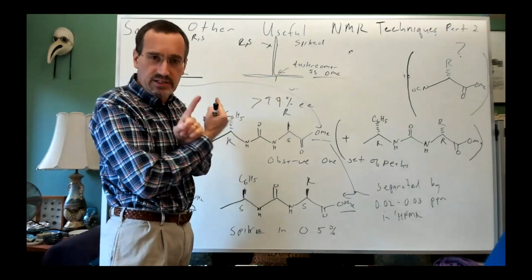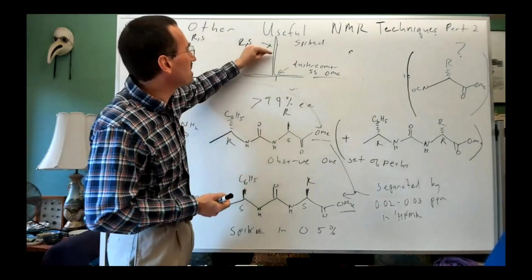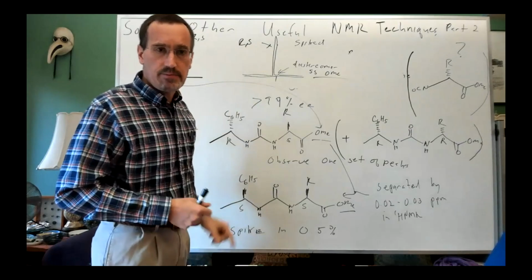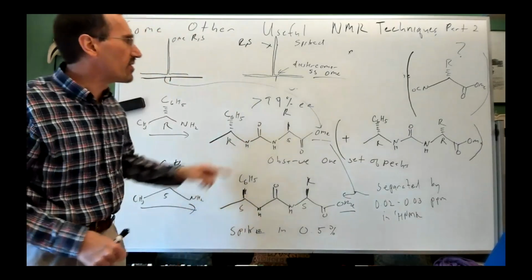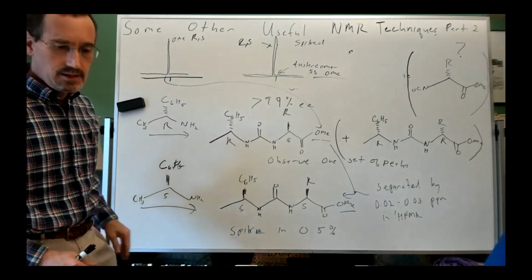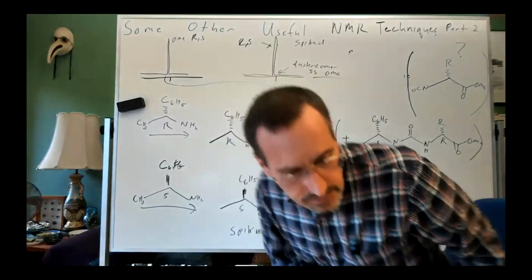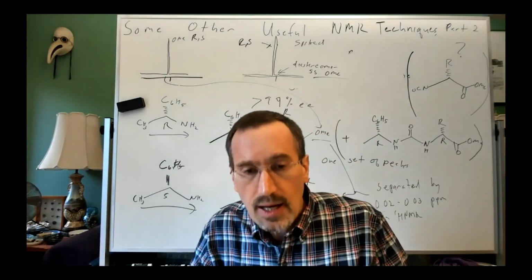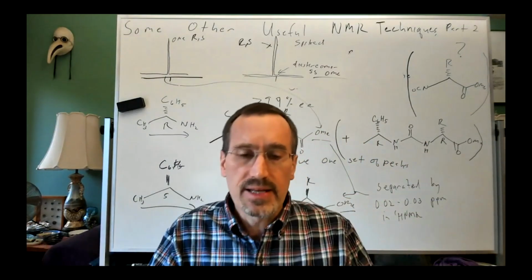So those lines are very well defined. The distance between the lines is way bigger than the fatness of the peak, so you can completely resolve them, and that's nice. Other questions or thoughts on this?